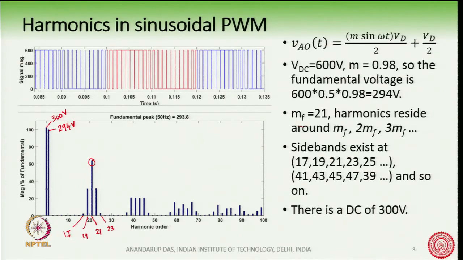So, for example, if we try to plot the gain plot of the filter, we can have a filter like this. This is the gain plot of the filter, where this is the corner frequency of the filter.